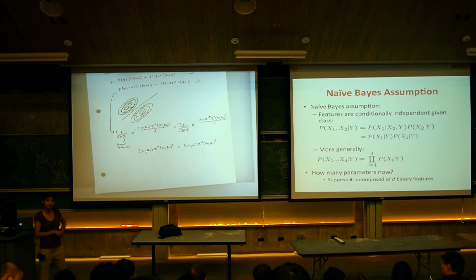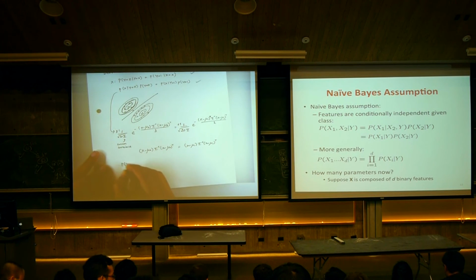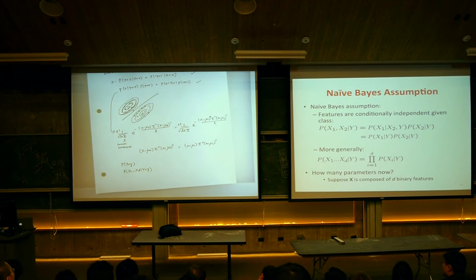So remember how we counted the number of parameters? We said we need to find out two things. One was the prior probability of the class, and another was p of x, which is actually x1 to xd given y, right? So the first one, of course, does not change. But the second one, the likelihood of the data under each class. Now, why does that change? How many parameters do we need now? Say these are binary features.